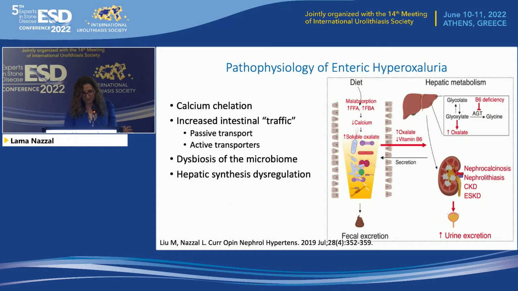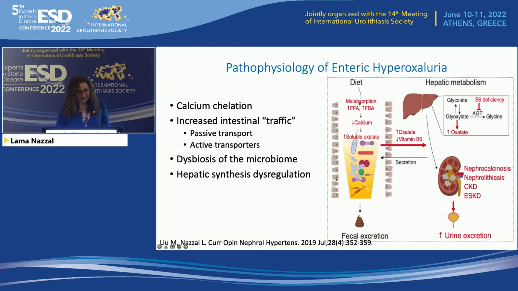So the pathophysiology, we think that if you have a lot of malabsorption of free fatty acid, that will cause chelation of the calcium, and it will allow more oxalate to be available for absorption. We think also that because of this malabsorption, or if there is inflammation of the gut, there might be increased traffic of oxalate through the gut.